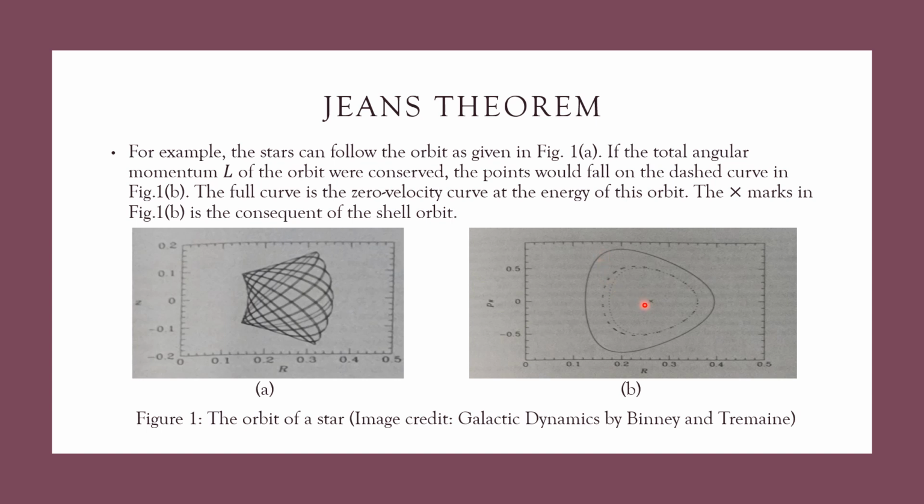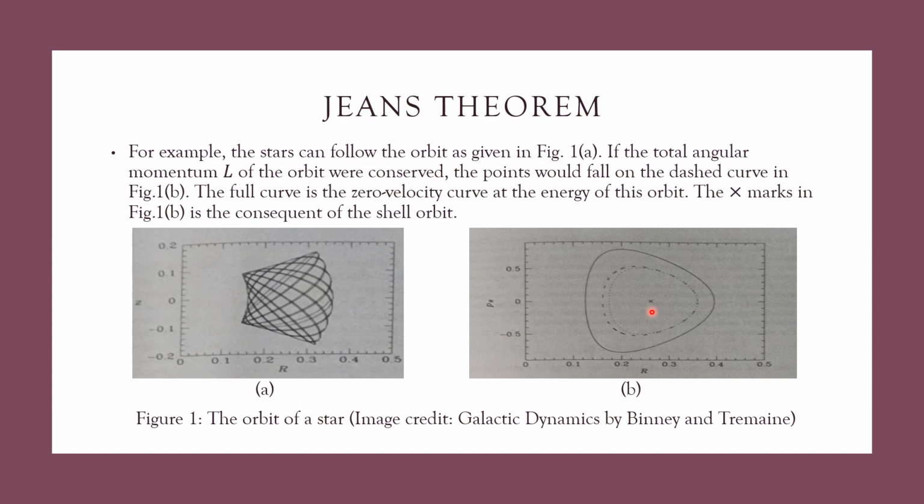Now observe the marked X symbols in Figure 1b. These marks represent the consequence of the shell orbit, the specific locations where stars are positioned along the orbit. Each cross corresponds to a point in phase space, capturing the position and velocity of a star within the system.